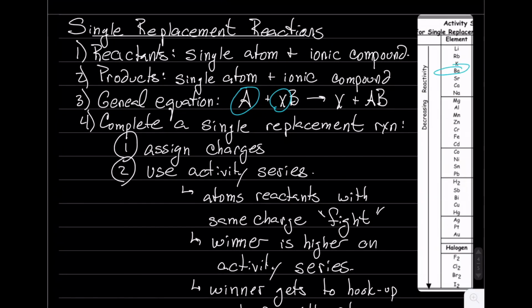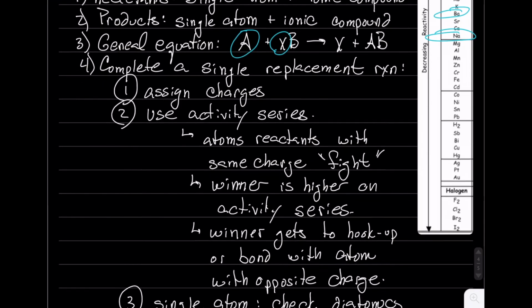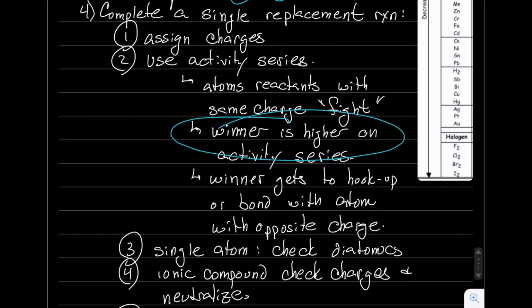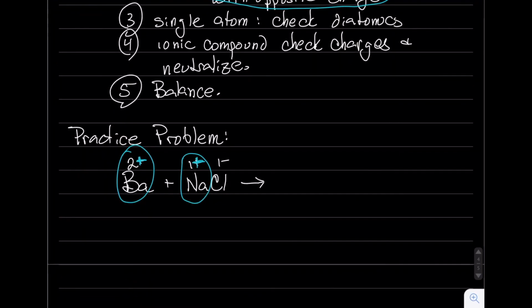So we have barium here and sodium here. Barium's higher up, so he's the one that's going to win the fight, and the winner gets to hook up or bond with the atom of opposite charge. So barium gets to hook up with chlorine.